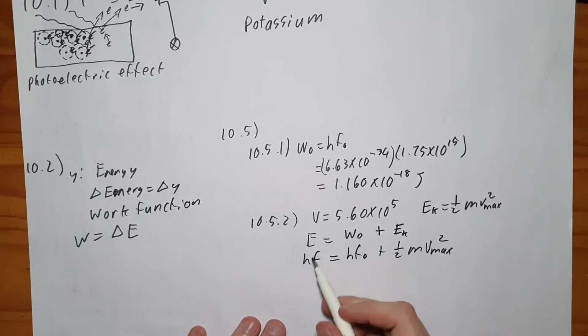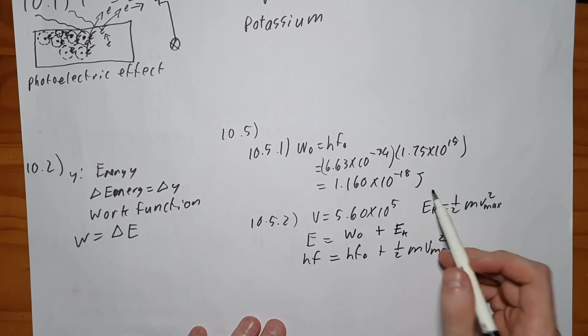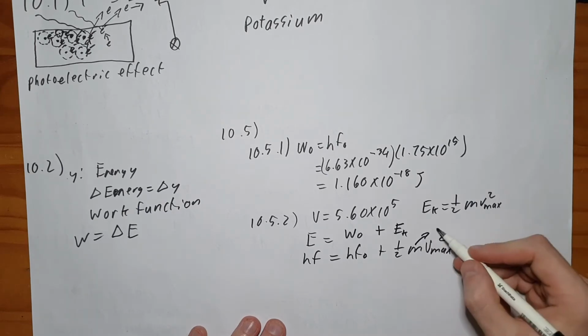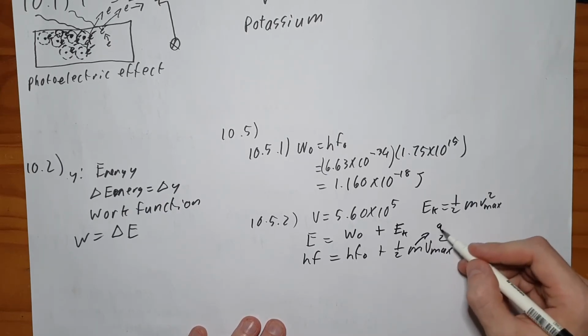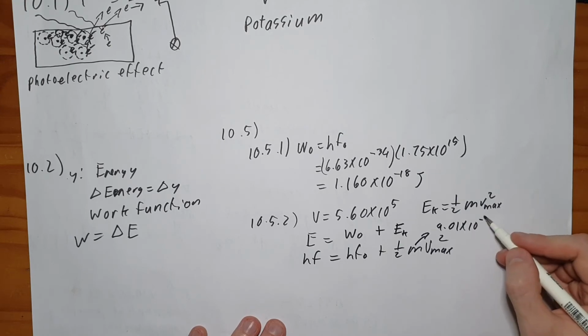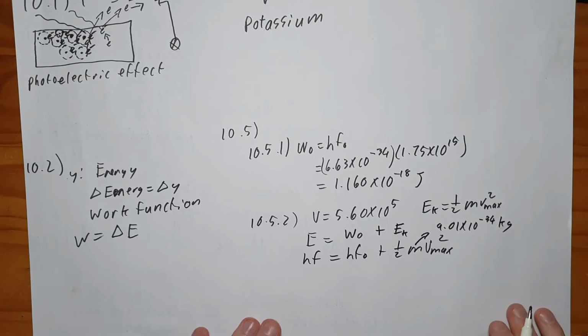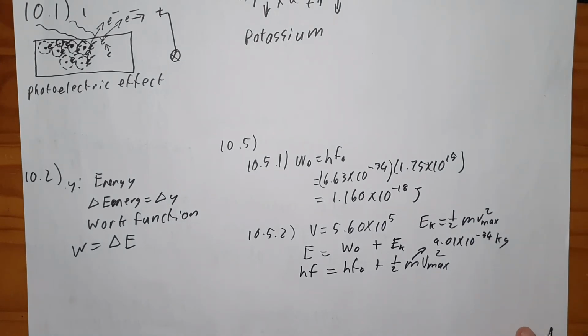Now we need the frequency. This is Planck's constant. This is my work function, which we've calculated already. This is the mass of an electron, 9.11 times 10 to the negative 31 kilograms.